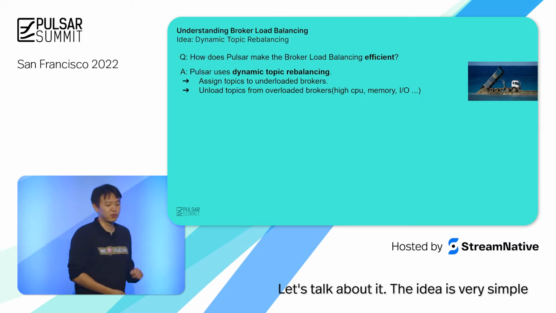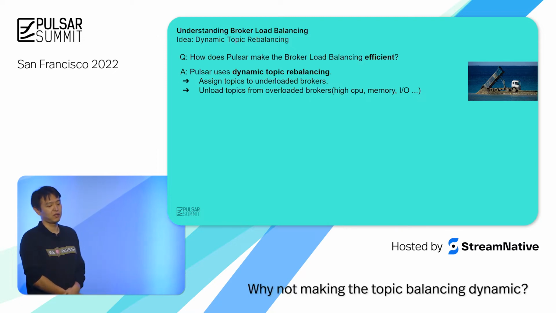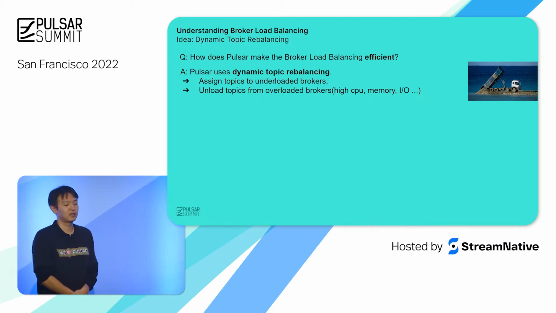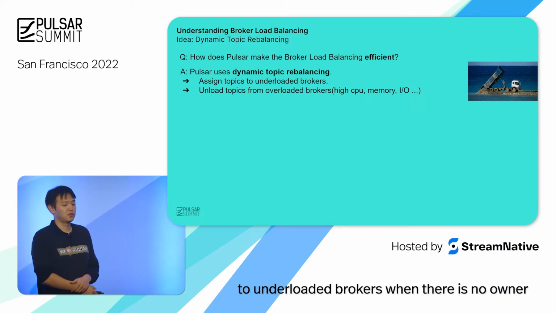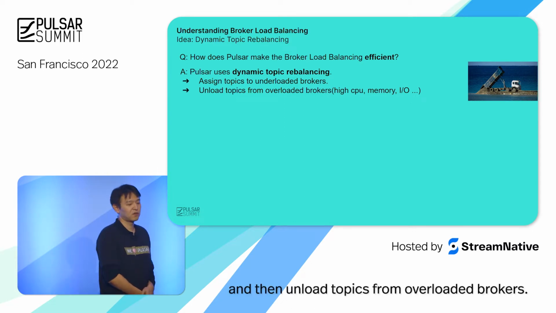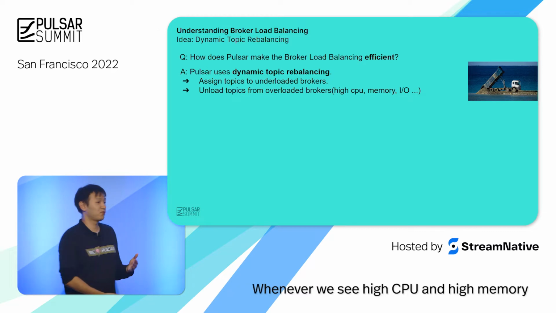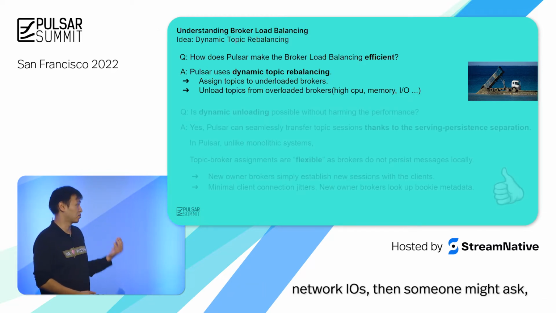The idea is very simple, and very intuitive. Why not make the topic balancing dynamic? We'd like to assign topics to underloaded brokers when there is no owner, and then unload topics from overloaded brokers whenever we see high CPU, high memory, and high network IOs.